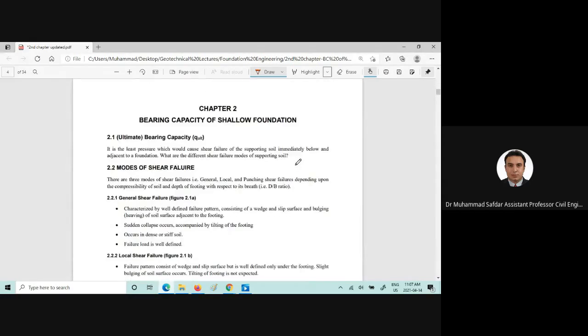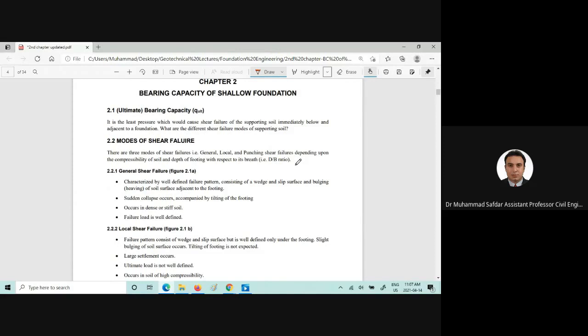Now, starting with the chapter 2, which is bearing capacity of the shallow foundation. Now, what is an ultimate bearing capacity?